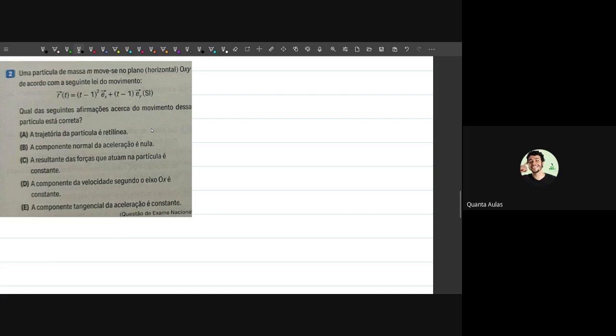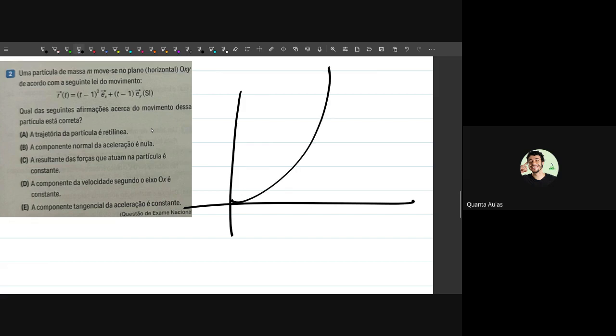Okay? I don't know if you know, but a quadratic equation has a graph like this. Do you understand? This is like x squared equals y. So this is not a line.